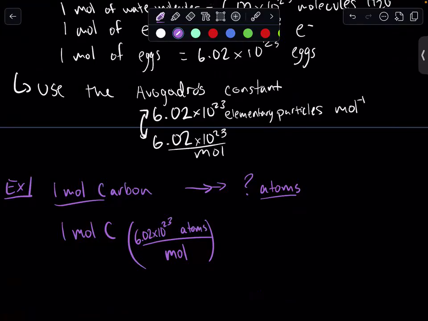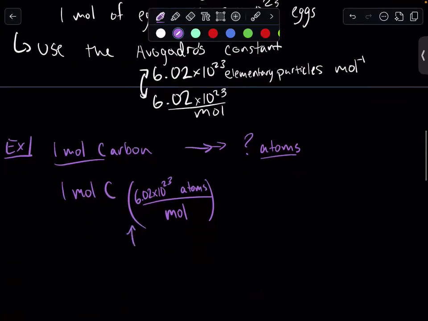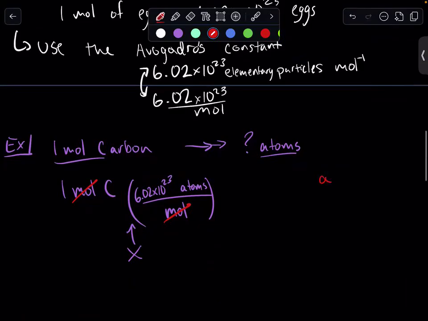When I multiply these, because you should know from math that parentheses means multiplication, mole will cancel with mole, just like if you were doing a problem of A times B over A, A's would cancel. Well, that's the same thing that's happening here.